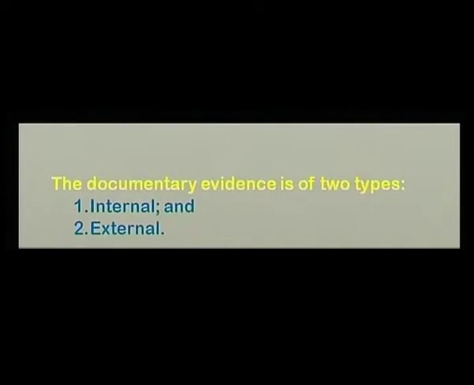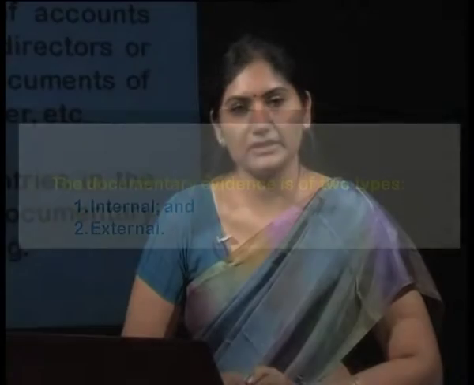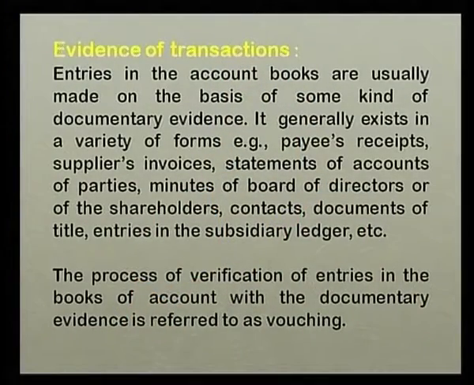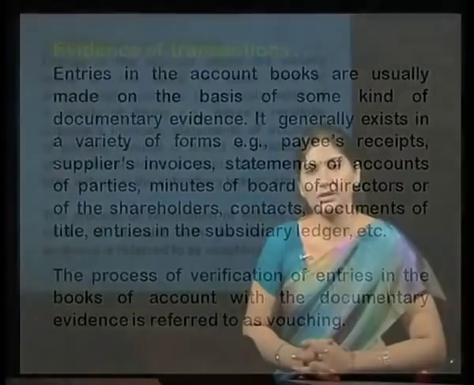So these kinds of evidence can be broken up into two, that is internal evidence and external evidence. They provide a basis that the expenditure was actually incurred by the entity during the accounting period in the name of the client and with the due authority. The process of verification of entries in the books of account with the documentary evidence, as we know, is called vouching.